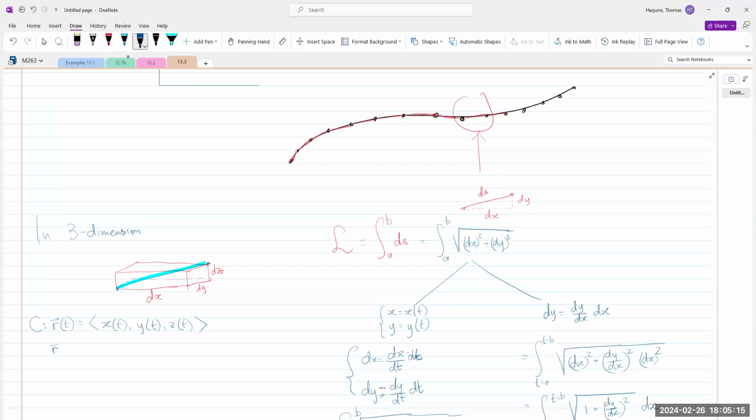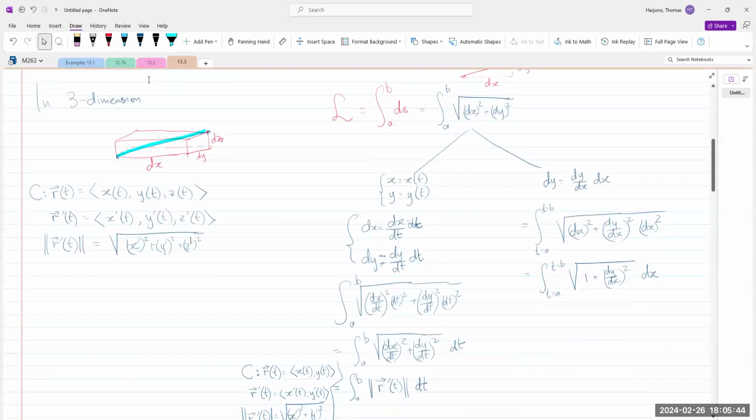Then our r prime t is x prime t, y prime t, z prime t, whose length is the square root of x prime squared plus y prime squared plus z prime squared.